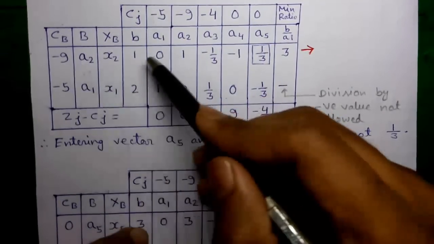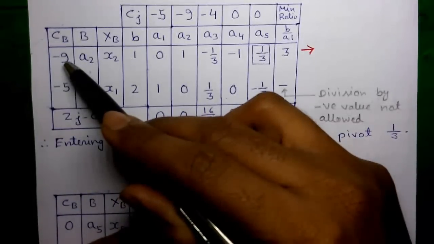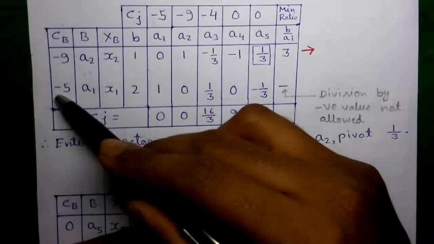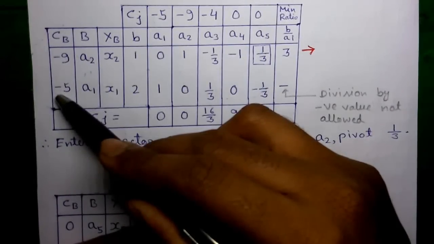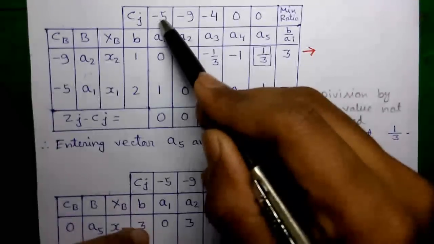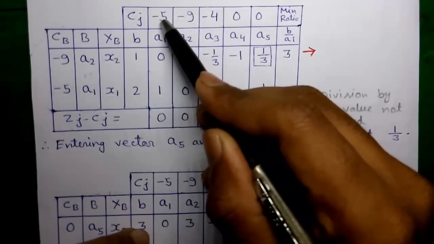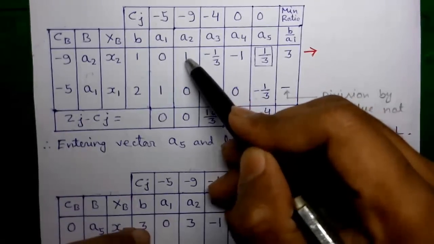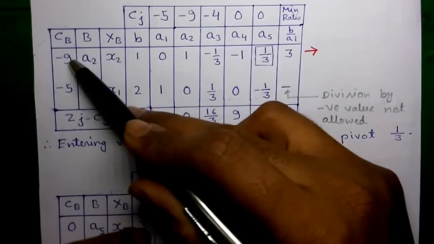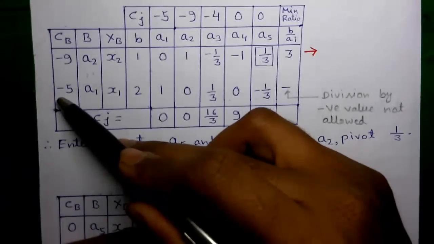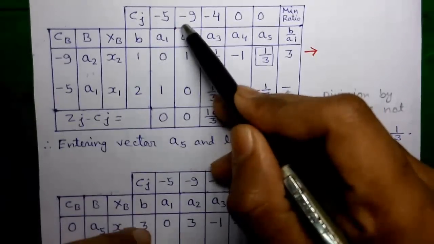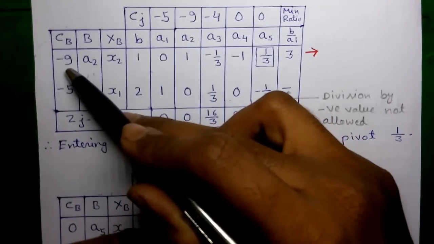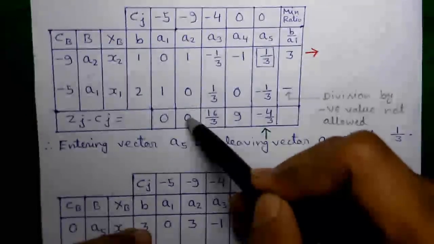This number into this number, that is 0 into minus 9 is 0, plus this number into this number, that is 1 into minus 5, minus this number. So minus 5 minus of minus 5 is 0, that is written here. Next for A2, 1 into minus 9 is minus 9, plus 0 into minus 5, 0, minus of minus 9. So minus 9 and minus of minus 9, that is 0, written here.